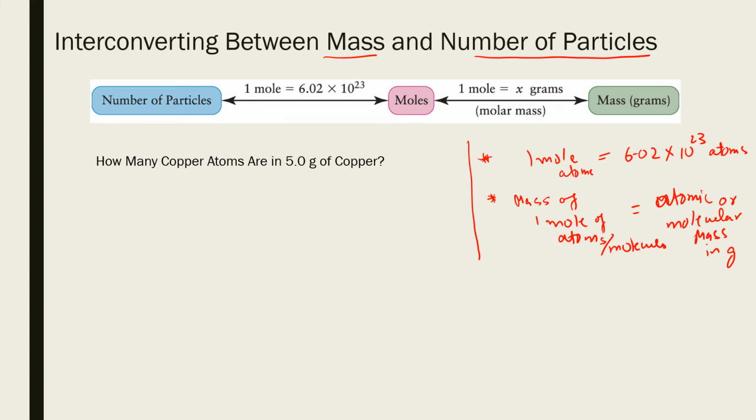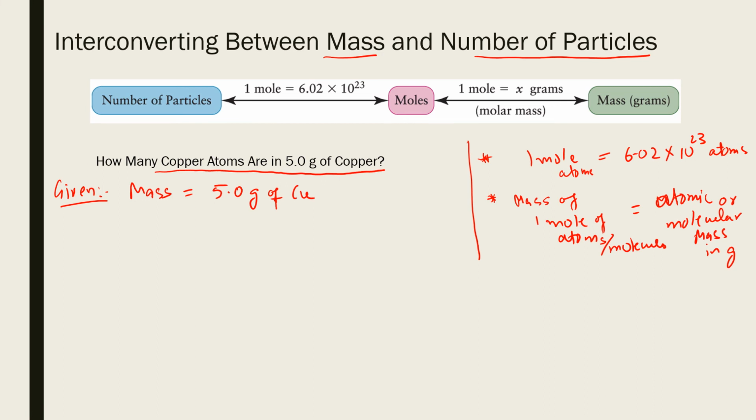Let me explain with the help of an example. So for example, if we have a problem something like this: how many copper atoms are in 5 grams of copper? What is given to us is a piece of copper metal, and the mass of that metal is 5.0 grams of copper, right?